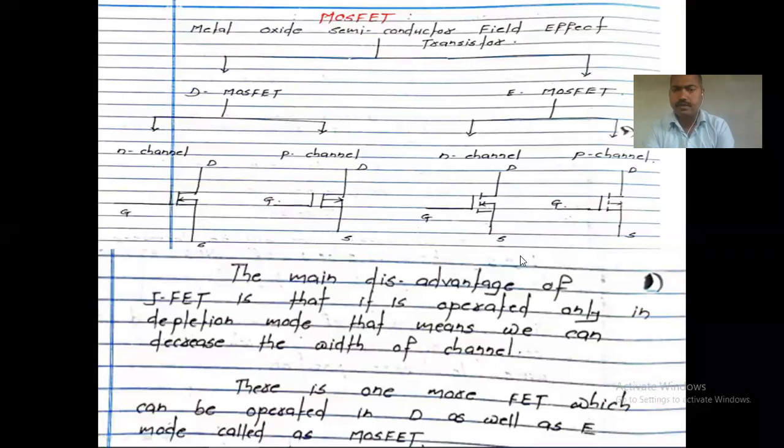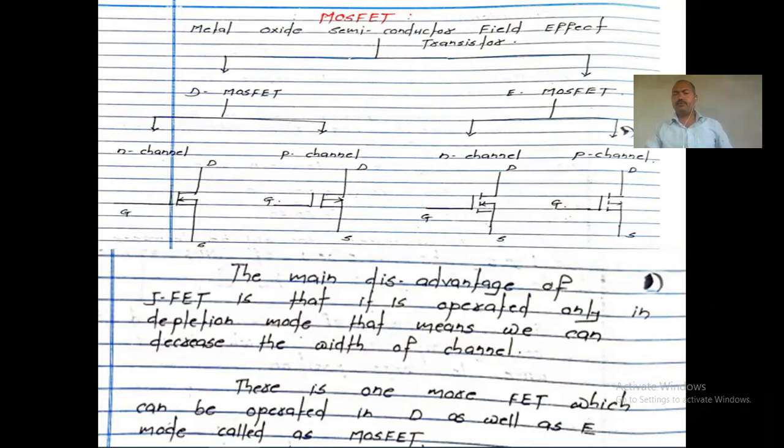It also has the same terminals: gate, drain, and source. I already told you about enhancement or depletion type of MOSFET. The depletion type of MOSFET is the one where we apply gate to source voltage, normally of two types: either VGS equal to 0 or VGS negative.